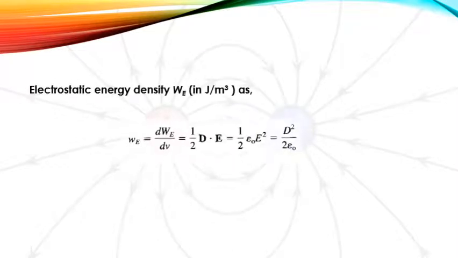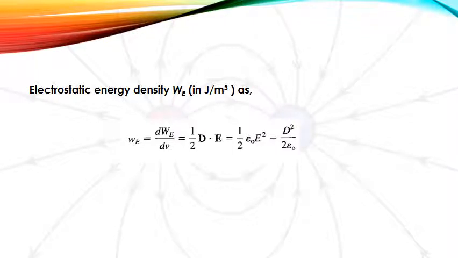Similarly, the energy density can be obtained from the work done per potential. How much potential you have applied to move a charge from one point to another point is the work done. Therefore, energy density is work done per unit volume.